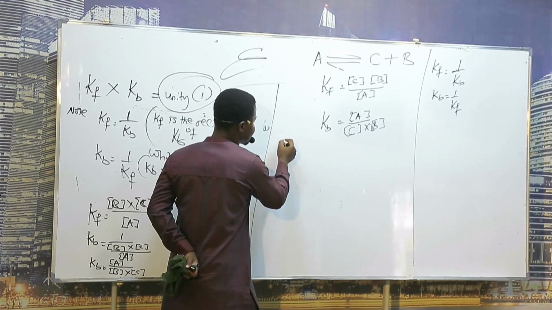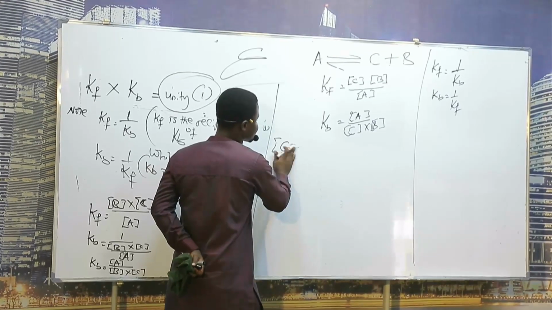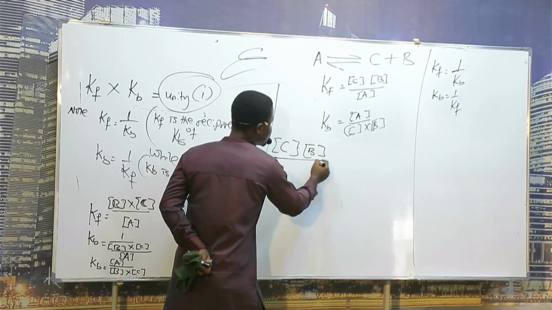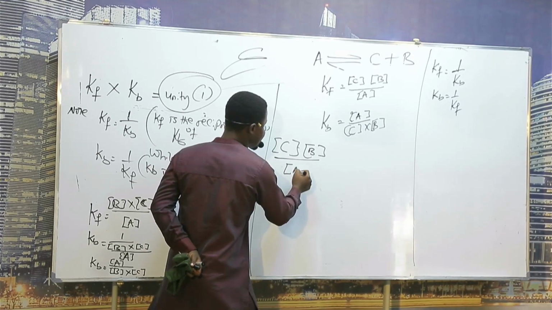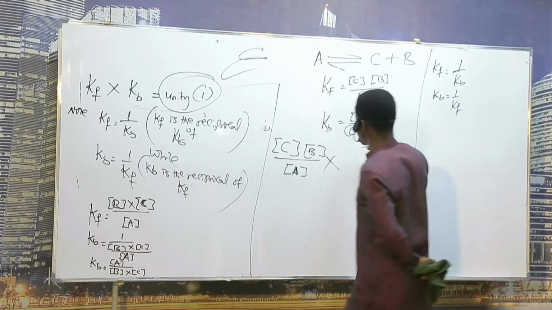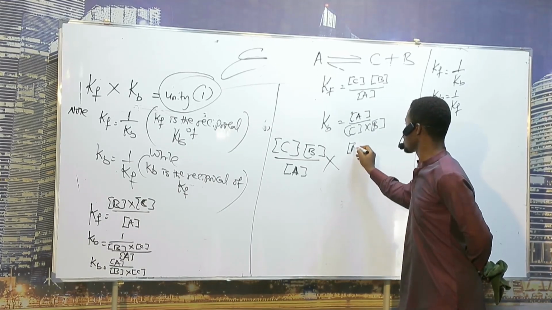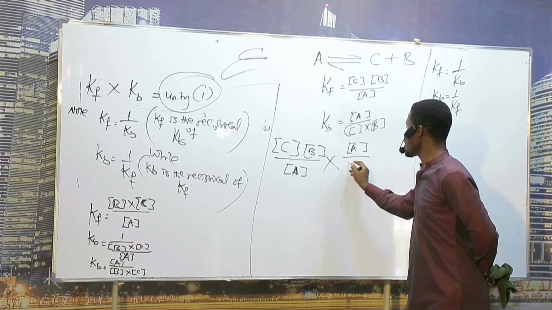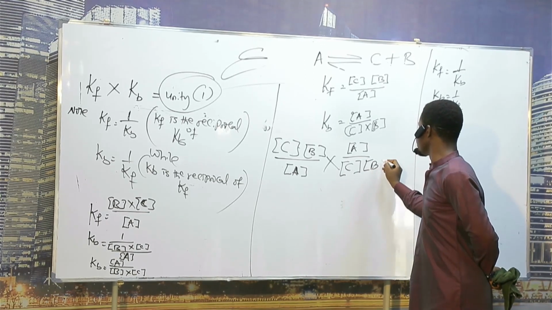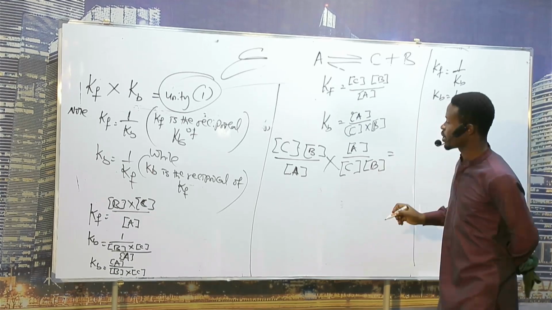C times B over A, times A over C times B. Let's check whether it's equal to 1.